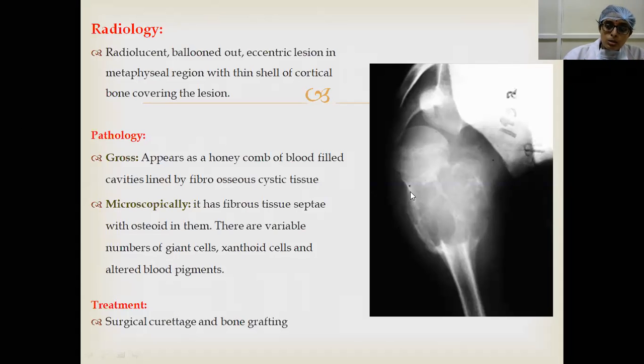Another thing is, you can find some small trabeculations in this aneurysmal bone cyst, which are also seen in GCT. The difference is, aneurysmal bone cyst is most commonly seen in immature skeleton. See, the physis has not closed completely.